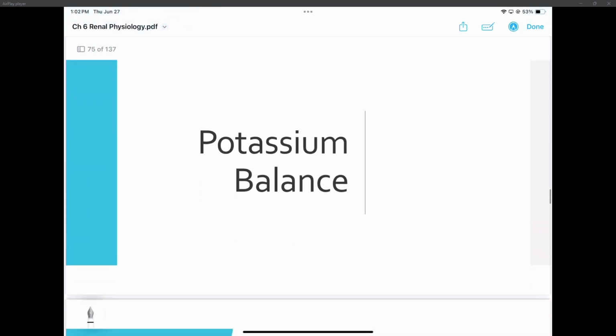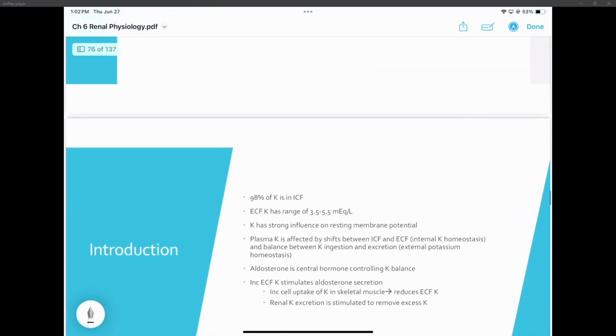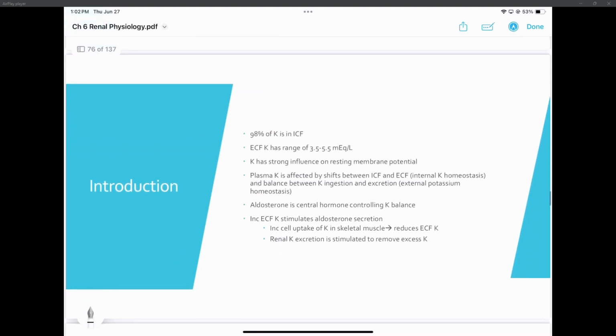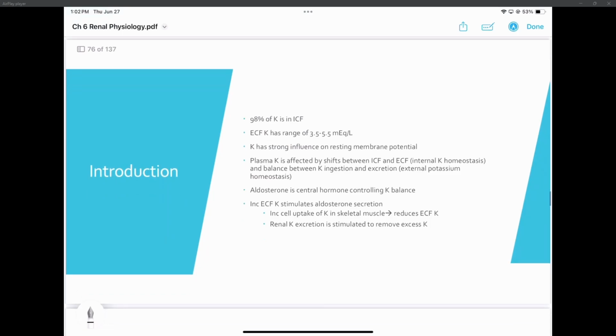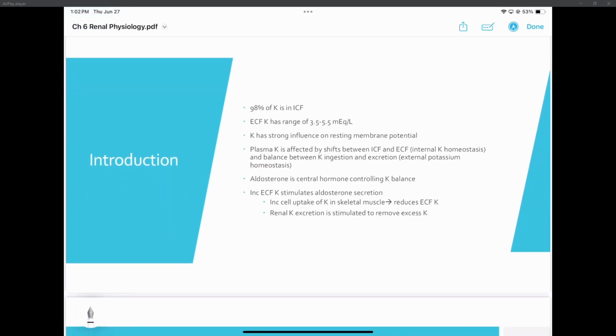Okay, next one up is our potassium balance, and obviously we are very, very careful of potassium. What do we learn about on day one of physio? Why is potassium so important? Resting membrane potential. Remember all that stuff? I try to block it out already, but you've got to remember all that stuff. 98% of all of our potassium is in the ICF.